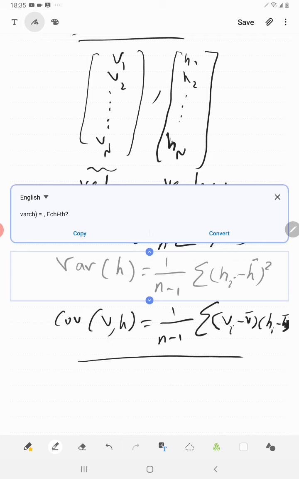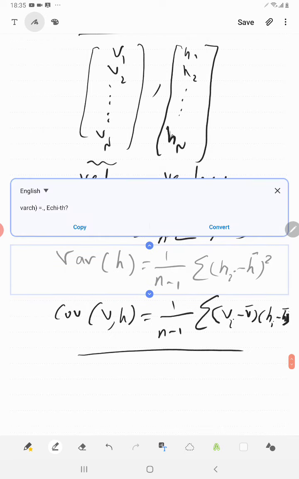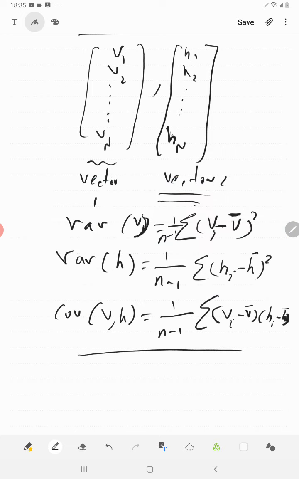If you calculate it this way, the sum of u1 minus its mean, because we generated the vector u1, it may have a mean value, so we must subtract it.